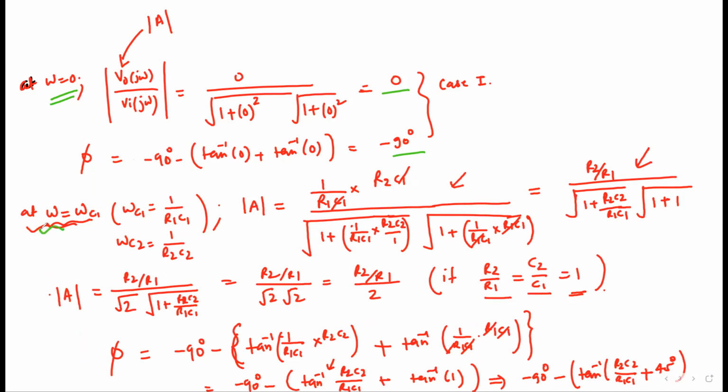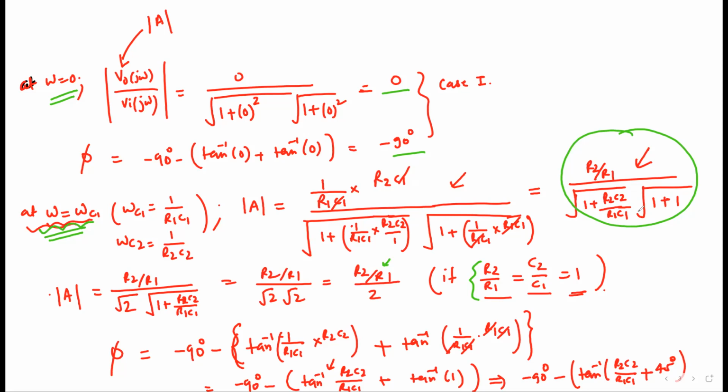So when omega approaches omega C1 right here, the magnitude takes this form. This is the value actually. And if we make such arrangement so that the ratio of the two resistors is equal to the ratio of the two capacitors, and that is made equal to 1, then we have this value.